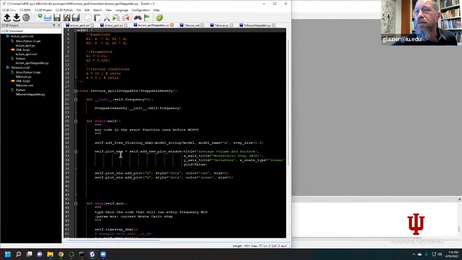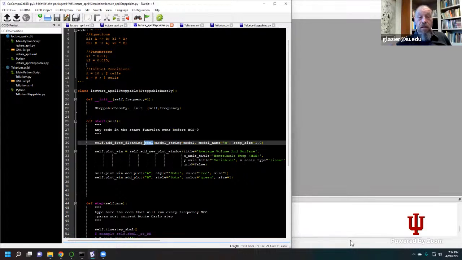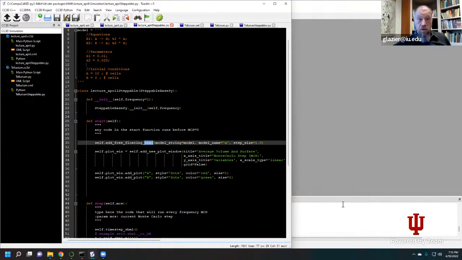Add free floating SPML. Oh, because you loaded as SPML. It's antimony. Okay, thank you. So this is a confusion. I should have had that as a red warning in my slides. Most of the time we use SPML for everything, but when you're doing this, it's a parse, and so you have to tell it which language you're parsing from. Gotcha. So try free floating antimony and see if that fixes it.